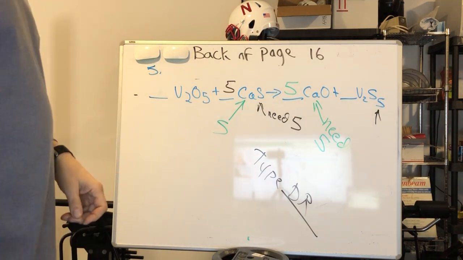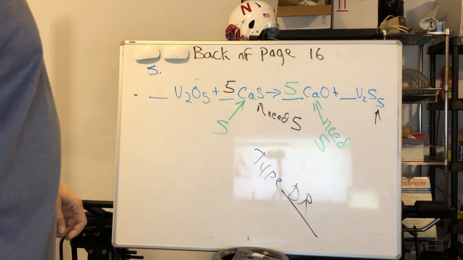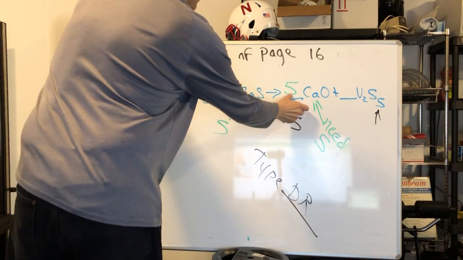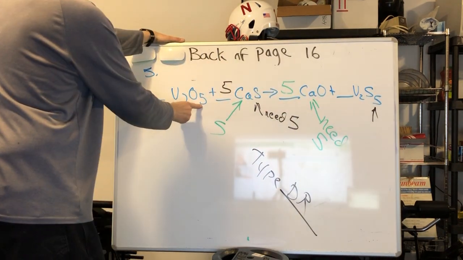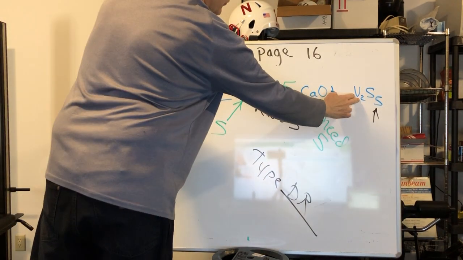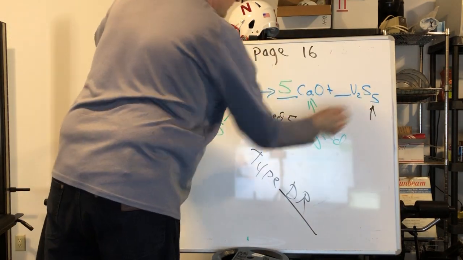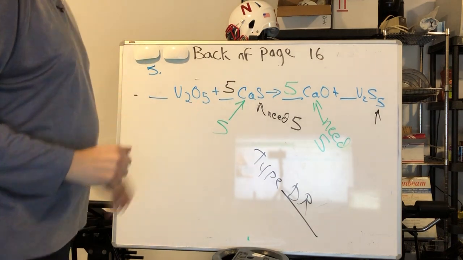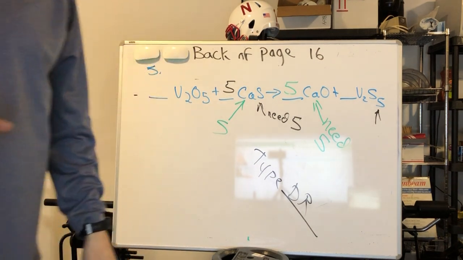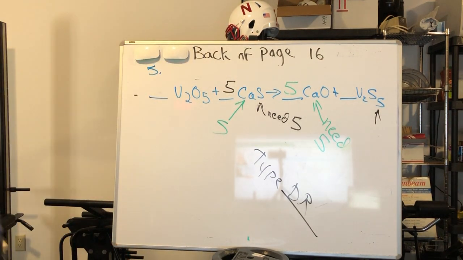And I think I'm good. Am I good on oxygen? Yes. Oxygen, 5 times 1 is 5. You have 5 there. Vanadium's good, even. 5 sulfurs, 5 sulfurs. This one's done. And that concludes part 1 of the back side of page 16.